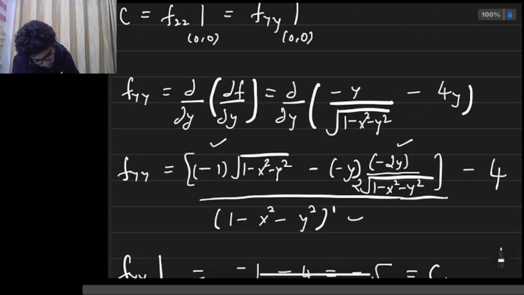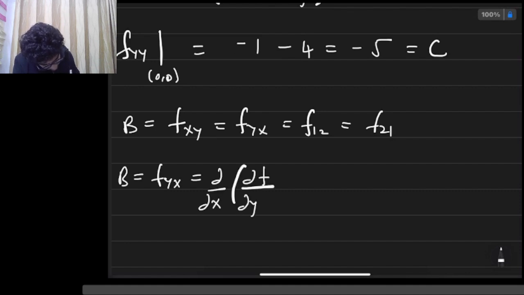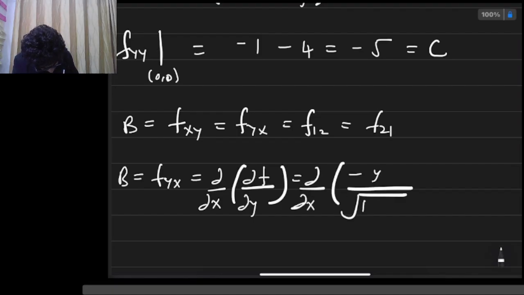So I need to differentiate this expression with respect to x. So we are finding B as fyx, which is basically del by del x of del f by del y, which is del by del x of minus y root 1 minus x square minus y square minus 4y.